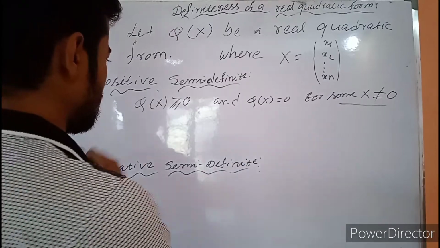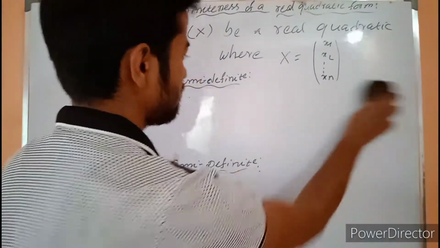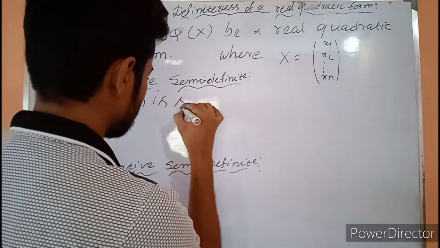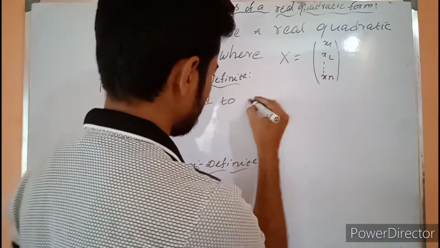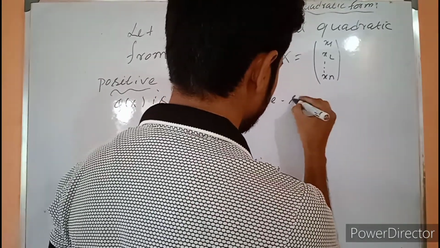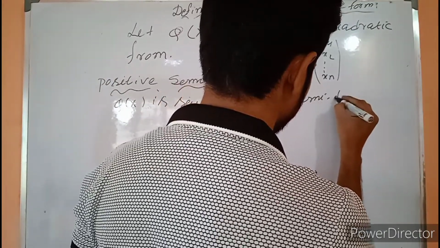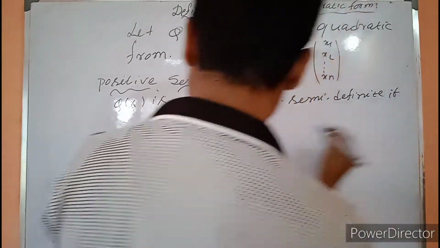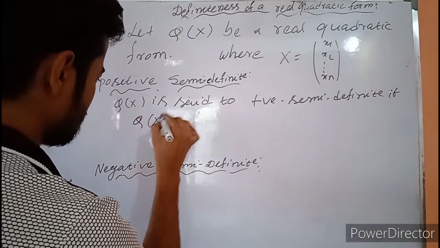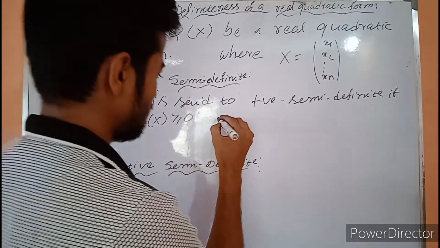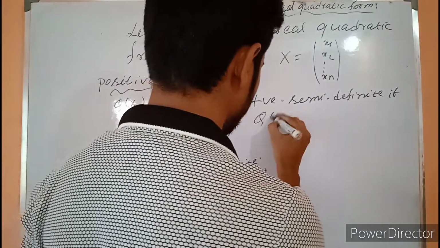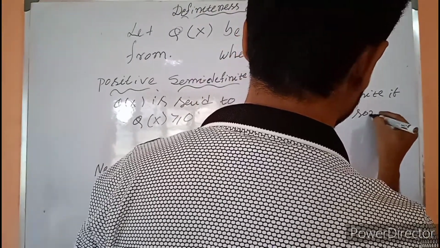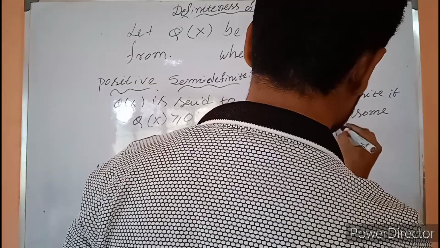So let's note it down formally. Q(x) is said to be positive semi-definite if Q(x) is greater than or equal to 0 and Q(x) equals 0 for some non-zero x.